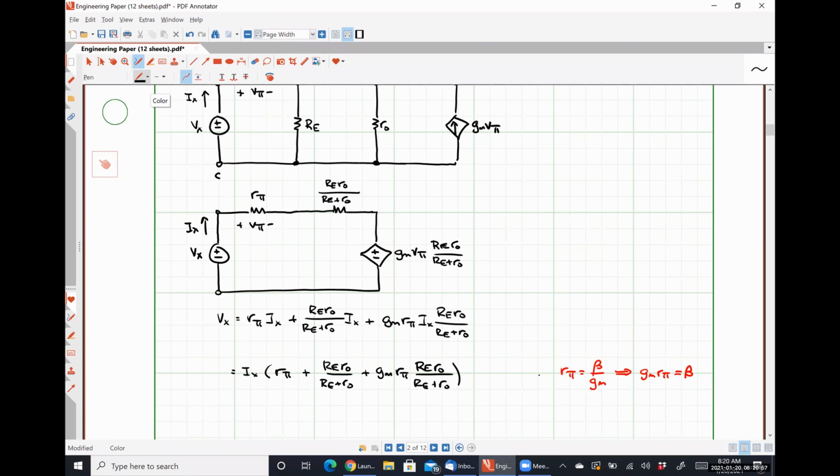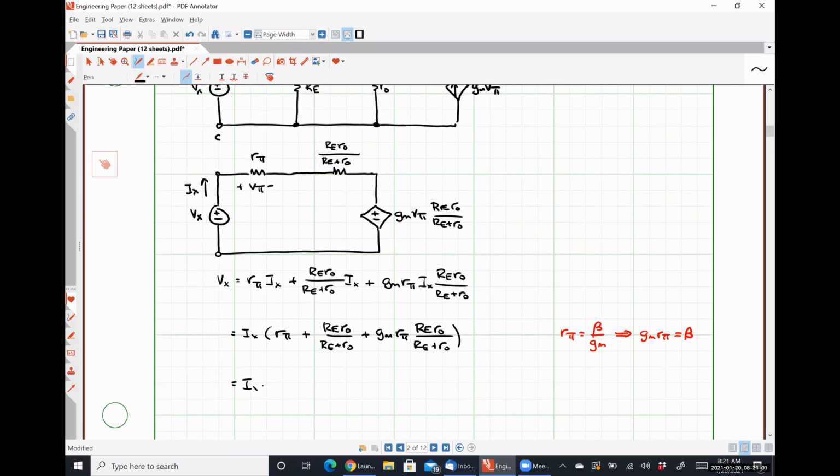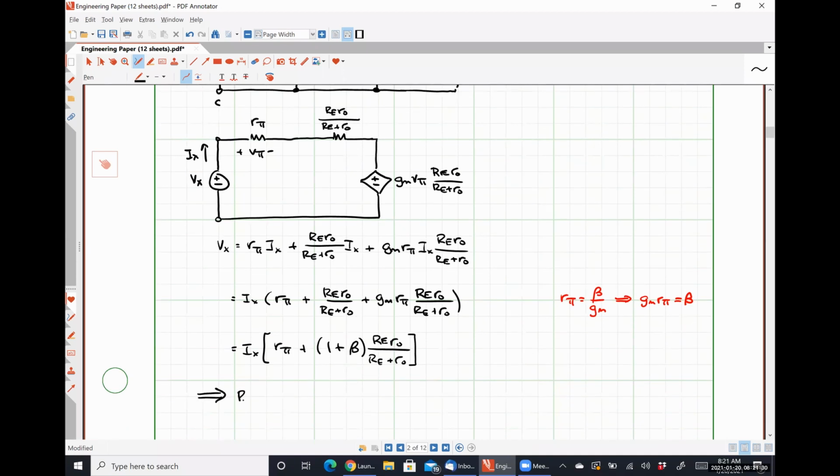So using that, I have Ix times R pi plus 1 plus, sorry, beta, RE R naught over RE plus R naught, which means my input resistance Rn, Vx over Ix, is R pi plus 1 plus beta, RE R naught over RE plus R naught. Yep, there we go.